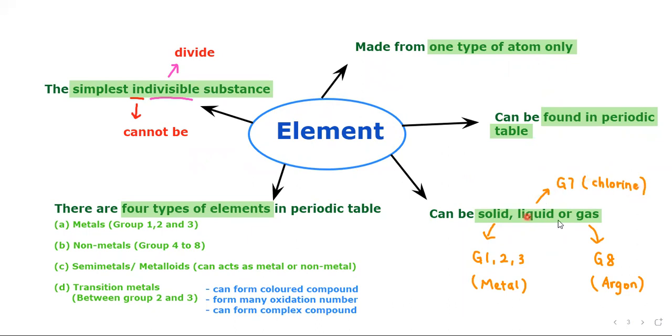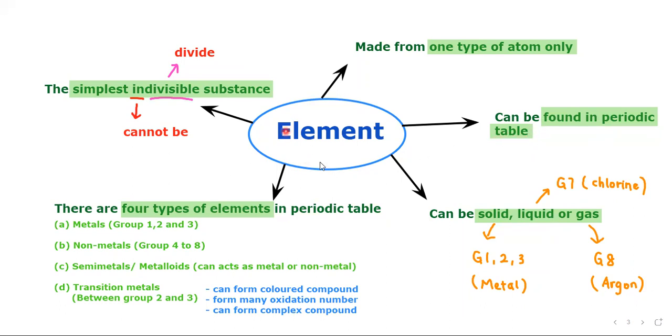It is a type of liquid that you can find in the periodic table, which is an element. As for gas, you can see there is argon gas, which you can find in group 8. So in conclusion, we can say that elements can exist as solid, liquid, or gas in the periodic table.